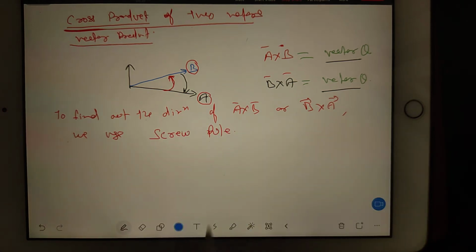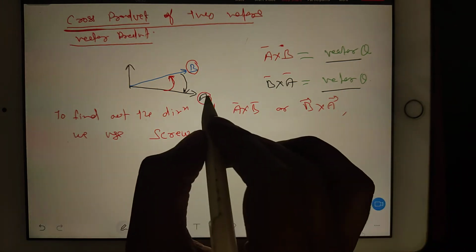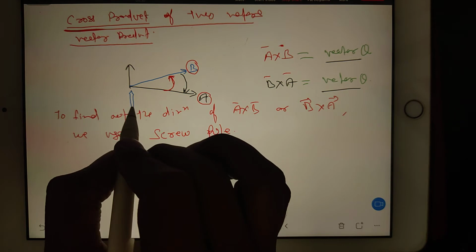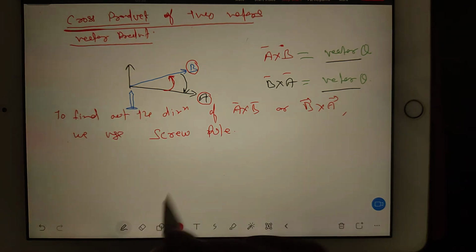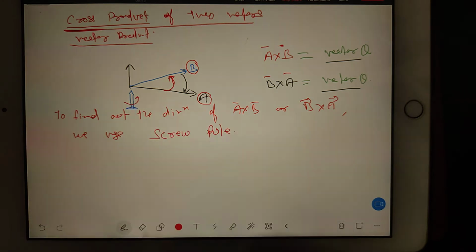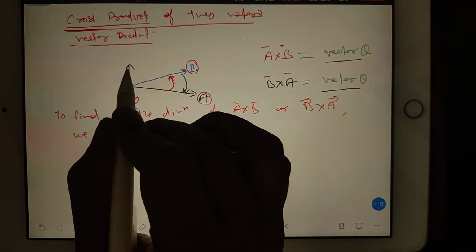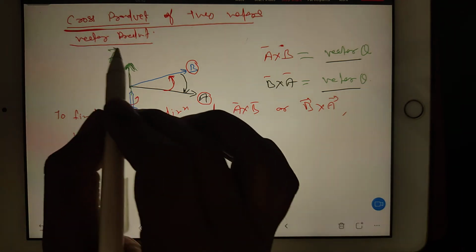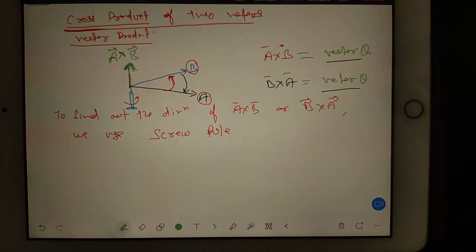What is this rule? See, A cross B means you put the screw here like this, and you turn the screw from A to B, see how I am turning. In that case the screw will go in the upward direction. So this direction will become the direction of the new vector A cross B.